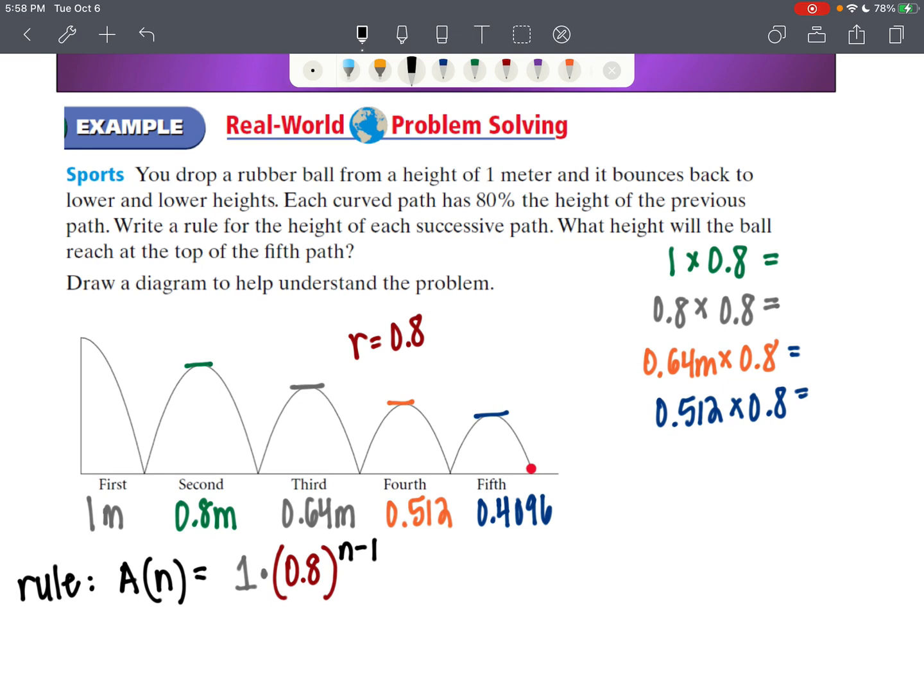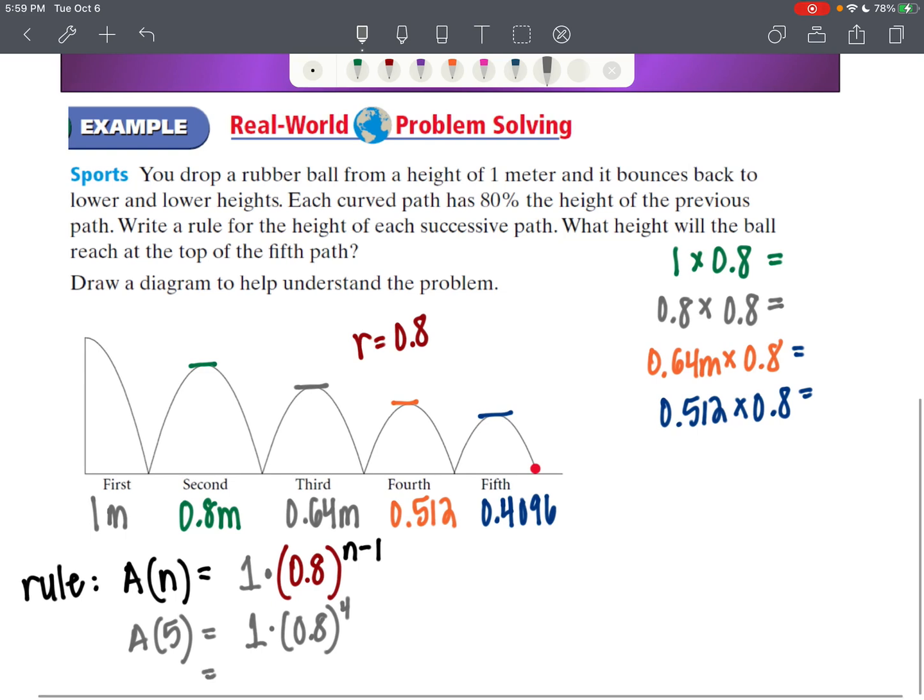Now, what will the height be at the top of the fifth path? Well, we already have that value, but I'm going to use my formula just to show you how well it works. So A of 5 is equal to 1 times 0.8 to the 4th power. And when I put that in my calculator, 0.8 to the 4th power, I'm going to get 0.4096 meters high.